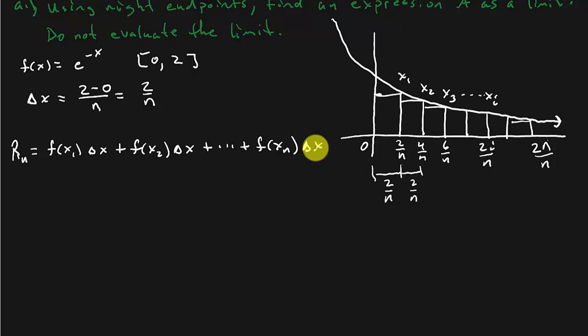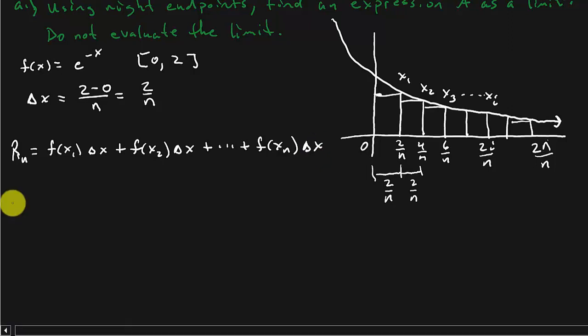Now let's go ahead and plug all this in. So Rn is equal to, so what's x1? That's 2 over n, right? So I'm going to take the 2 over n and plug it in for x into our function.